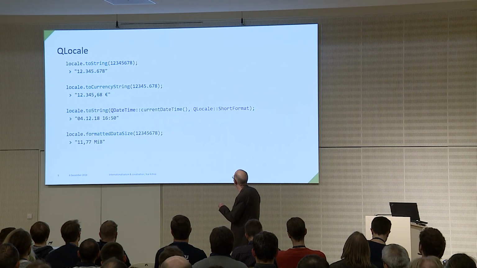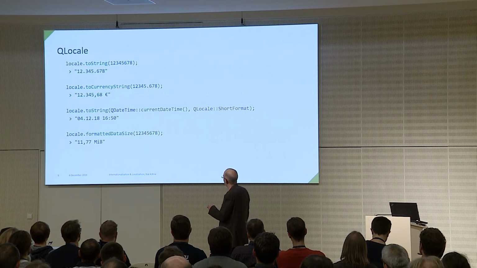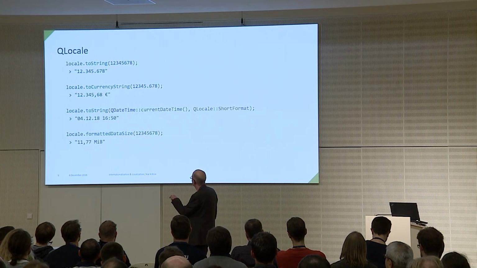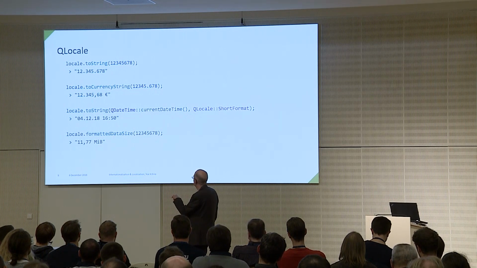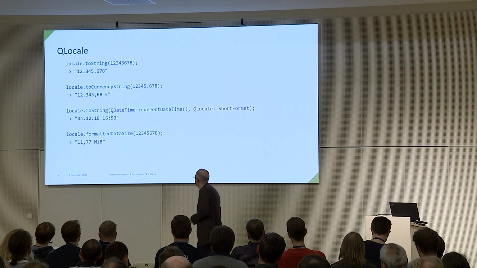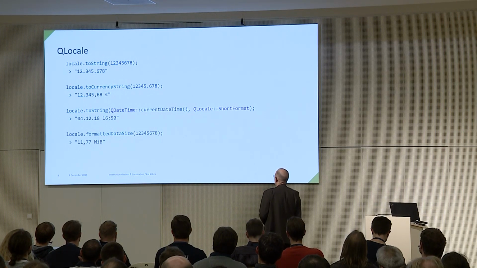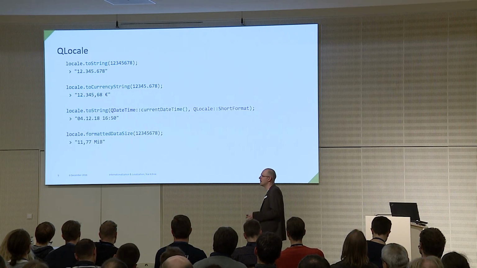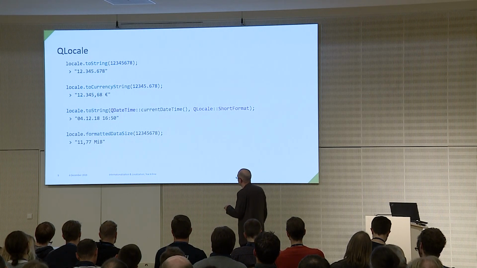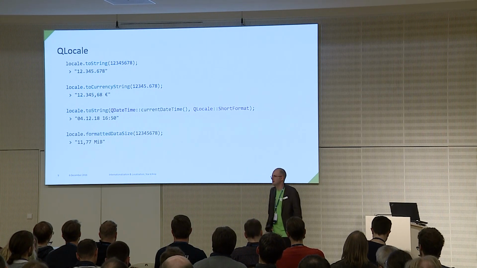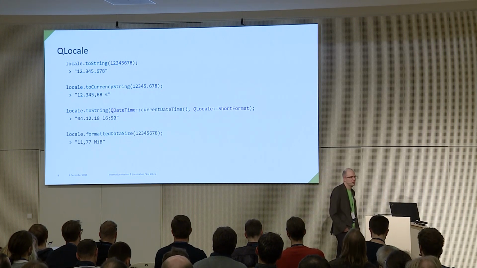But there is also an argument to pass the euro sign. But the important thing is that if you do that in English, for instance, or with the US locale, it will say dollar and then 12, whatever. There are also ways to format time, so AM, PM versus this more European format, and even for data sizes. So quite a handy class.